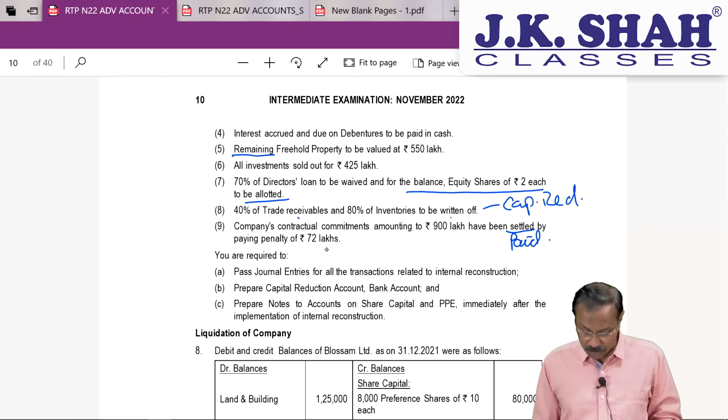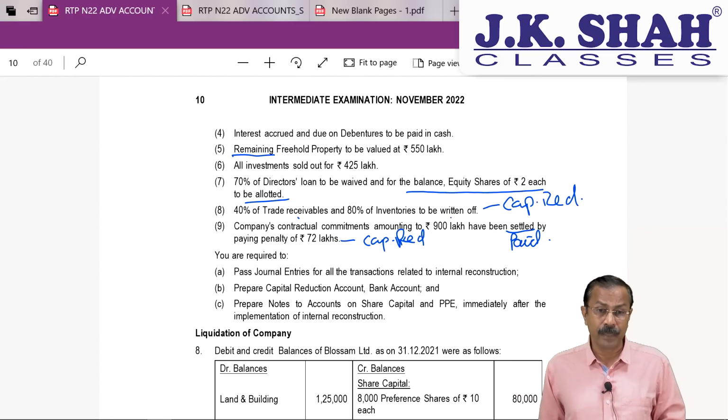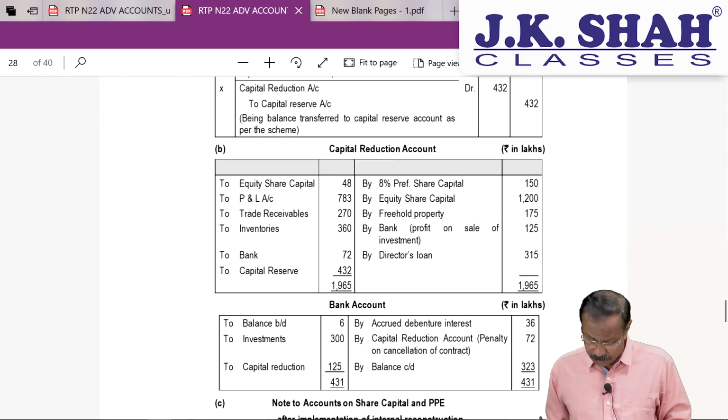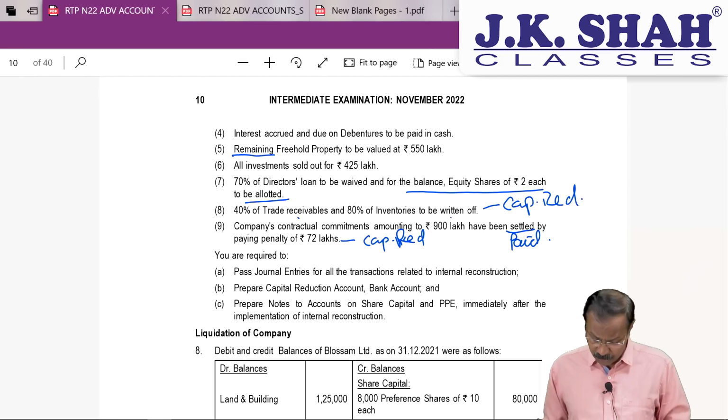This is a loss. Where are you going to adjust it? Against your capital reduction. So, capital reduction account debit to bank. You're supposed to pass journal entries for all the transactions. So, we have written off all these items, and then the balance in capital reduction goes to capital reserve and capital reduction account simple.